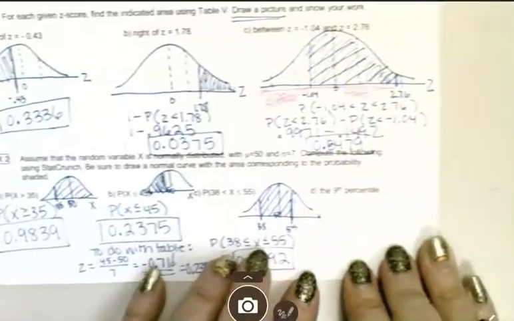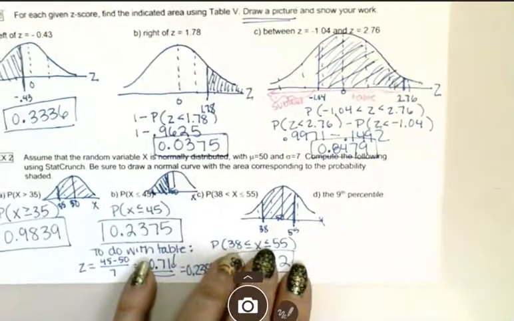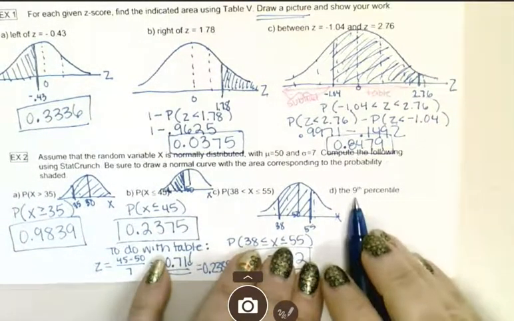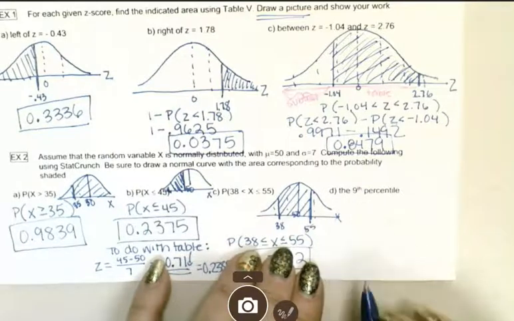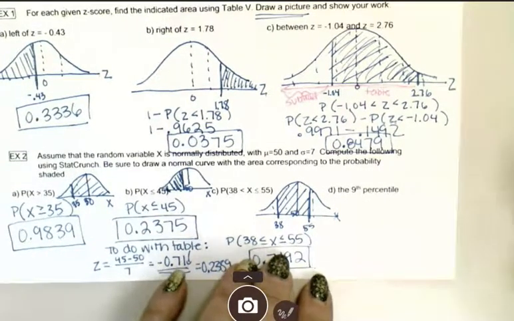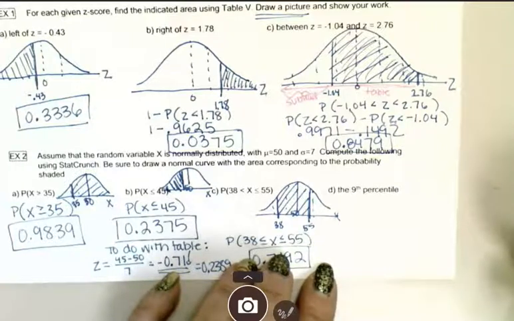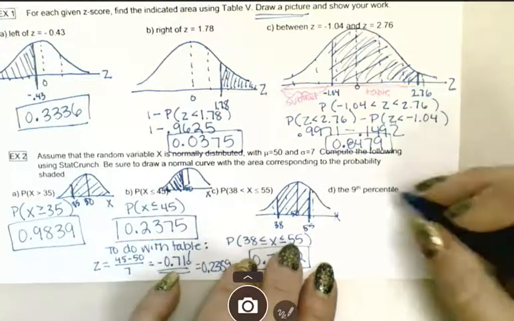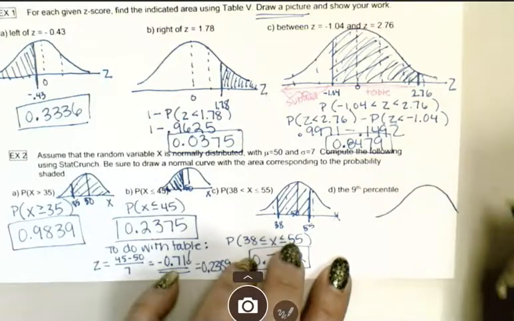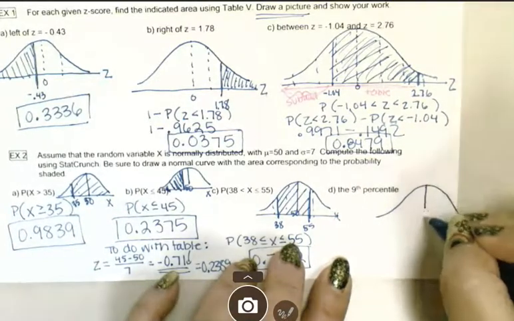All right, D, the 9th percentile is what I'm supposed to find. So it doesn't say probability of the 9th percentile, it says the 9th percentile. Going back to how we defined percentiles, when you have a percentile, the area or the number of people below you is whatever that percentile is.